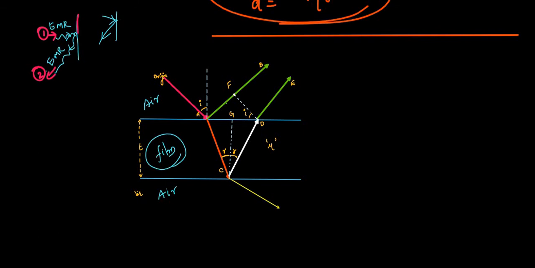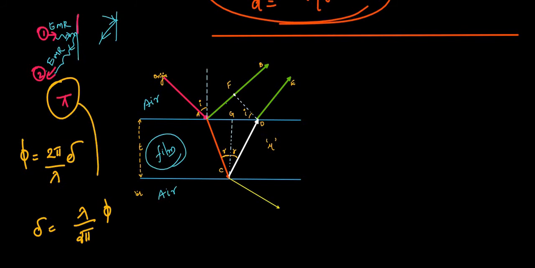So we need to include that phi also. But we have derived the equation for the path difference, so we need to rewrite that phase difference phi in terms of path. For that we have an equation: phase difference is equal to 2 pi by lambda into delta, or delta is equal to lambda by 2 pi into phi. We have the value of phi, so I am substituting pi here.